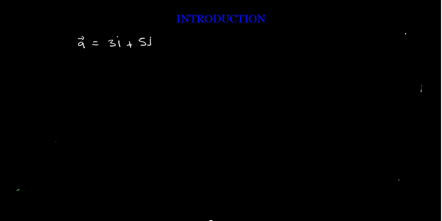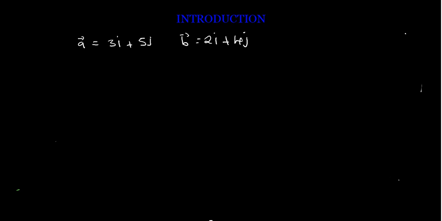There's no k in this case. You'll see how it affects everything when I bring it on board. For vector b, it will be 2i plus 4j.